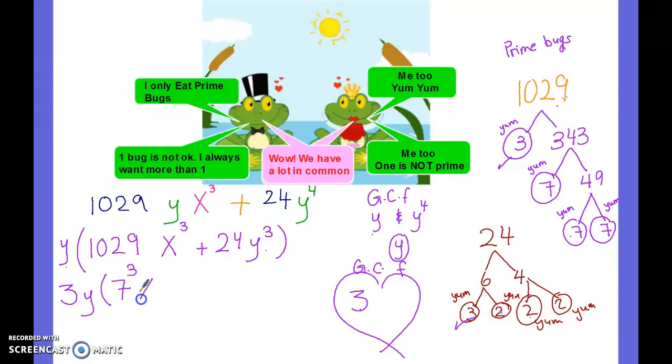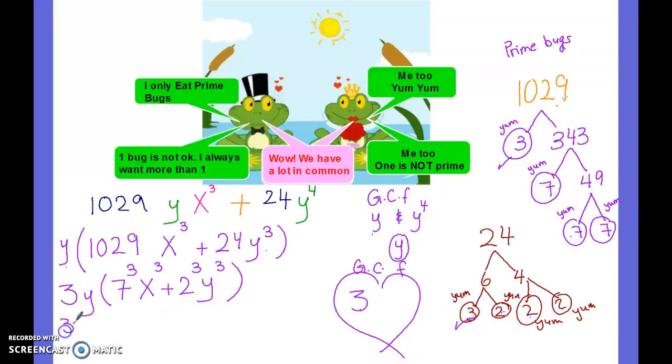I also have my x cubed plus, when I factor 3 out of 24, I'm going to have 2 times 2 times 2. So it's 2 to the power of 3. And I also have my y cubed. Now I can simply rewrite the expression in the sum of cubes.